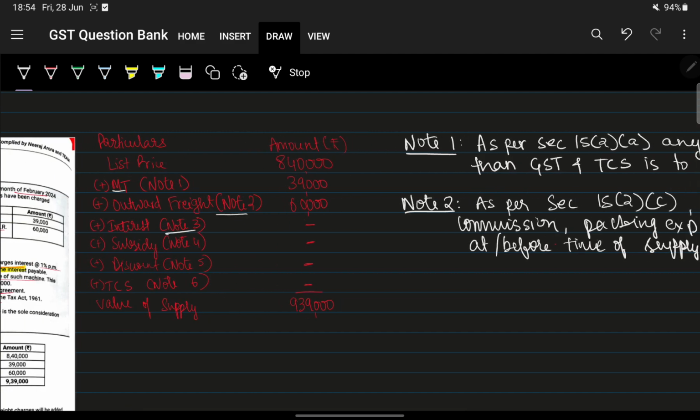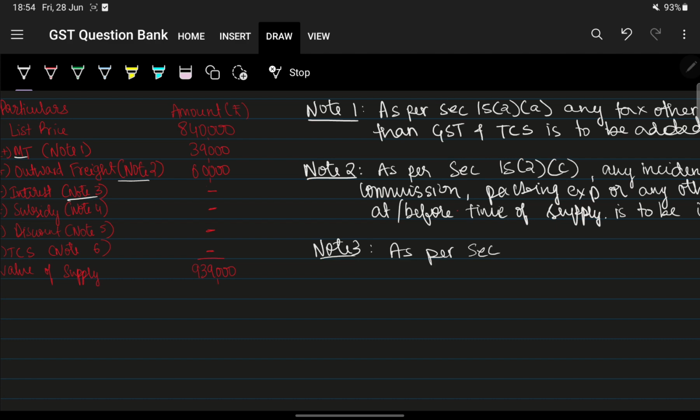Note 3, which is relating to the interest. Note 3, we can write as per section, when do you have to pay interest? You have to pay interest when you have made delayed payment.